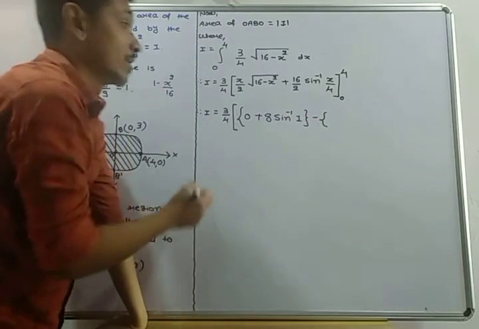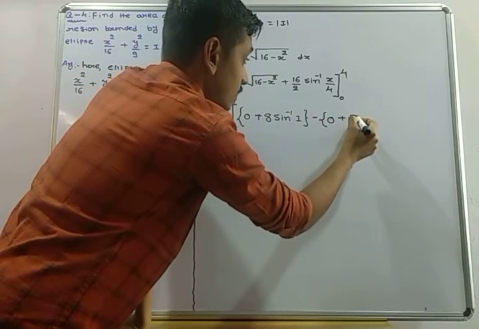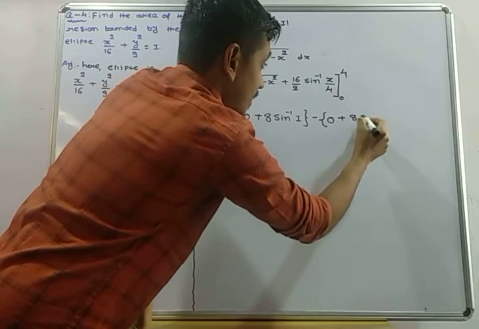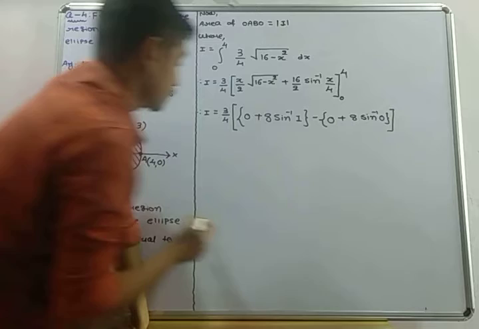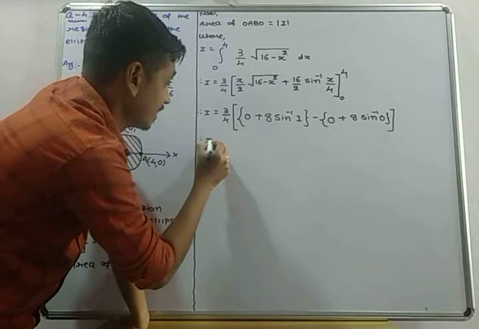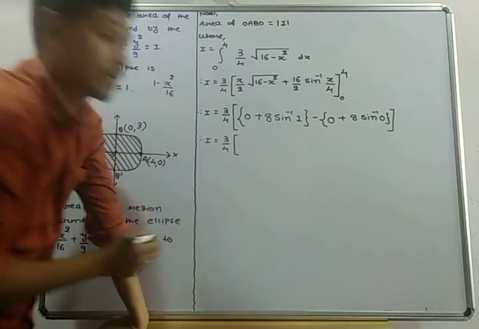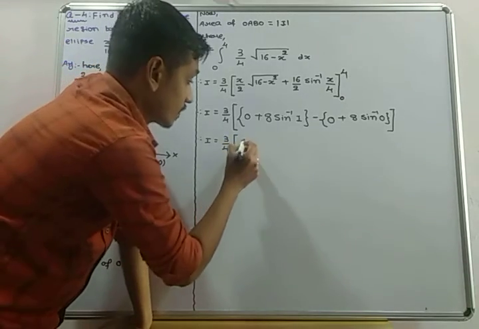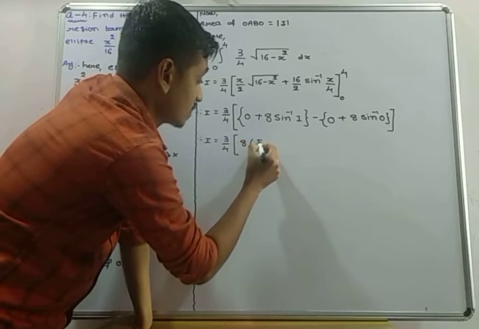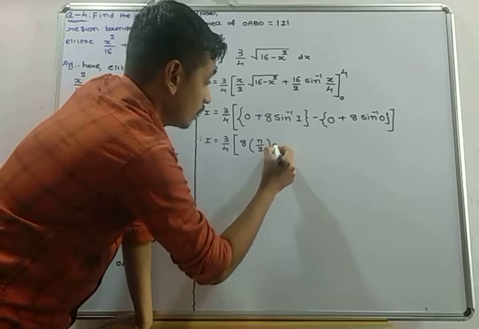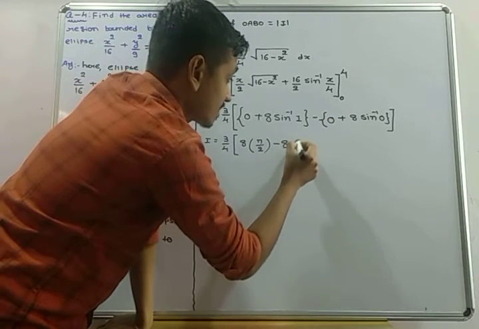Minus the lower limit 0: 0 plus 8 and sine inverse 0. So I equals 3 by 4 into 8 sine inverse 1, which means pi by 2, minus 8 sine inverse 0, which means 0.